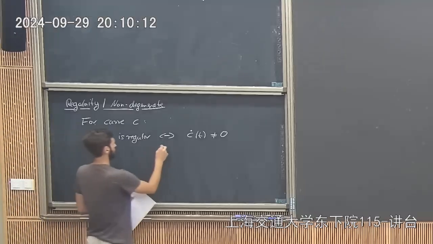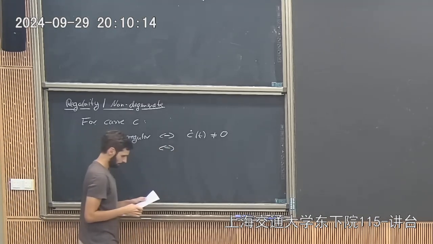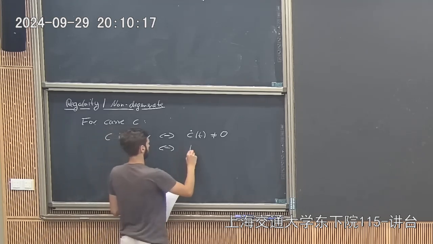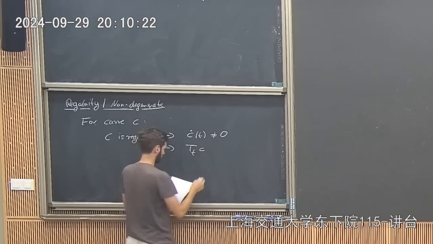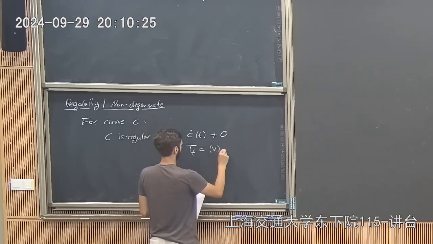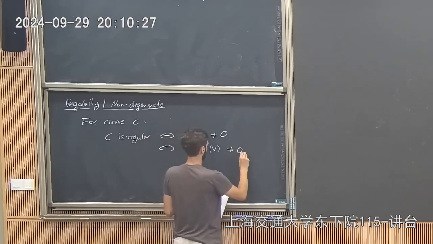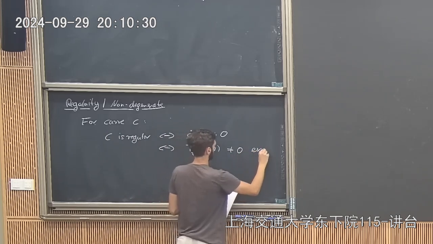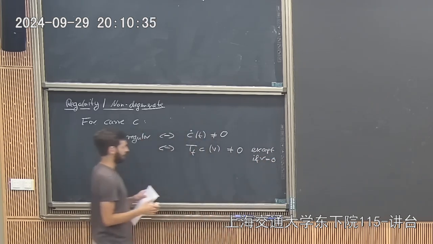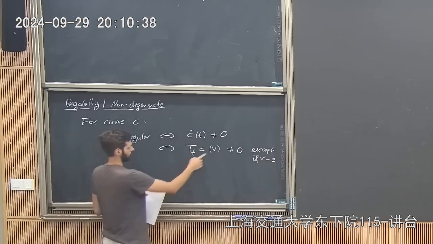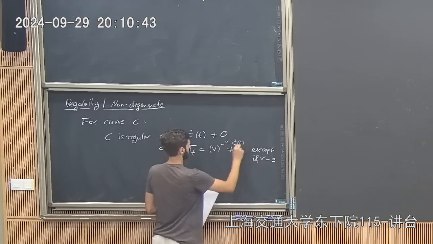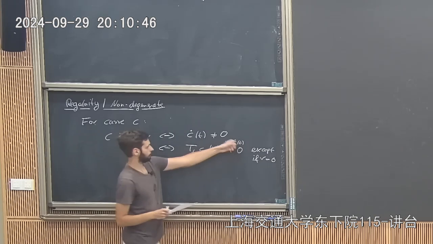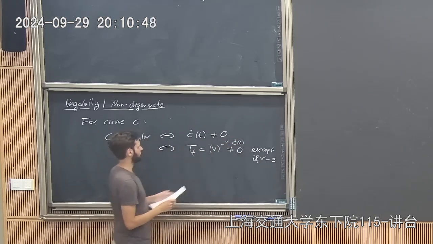So let's rephrase that in terms of the tangent map, which says that if you take the derivative of the tangent map in the direction of v, this one is never 0, except if v itself is 0. Because this one essentially was just v times c dot at t. And then, of course, this one is not 0, except when v is 0.